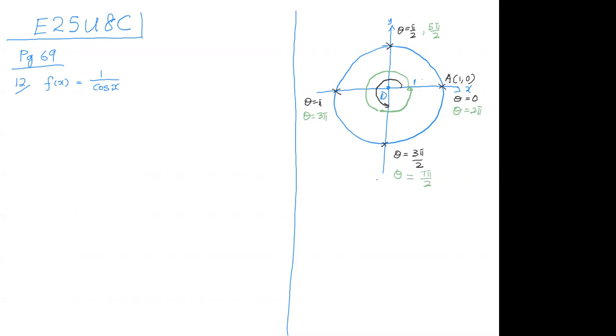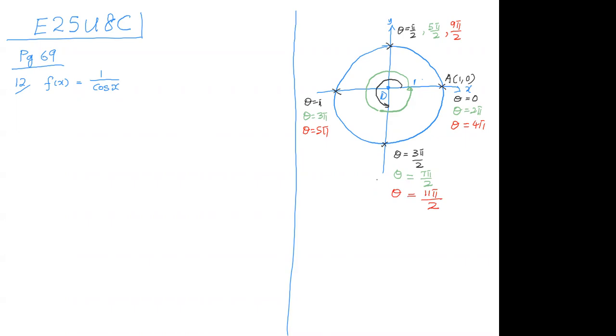Then it can go to third round. It goes on and on. So every time you go one round, you add 2 pi. Okay? So it can go on and on and on.